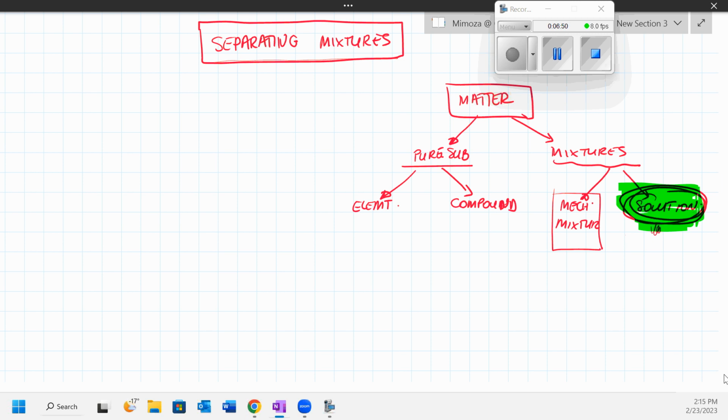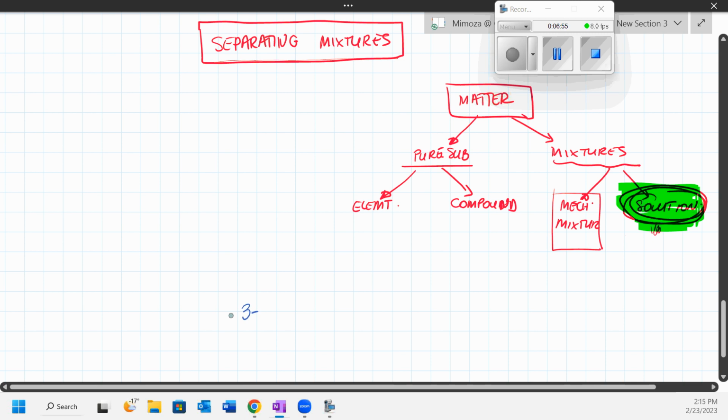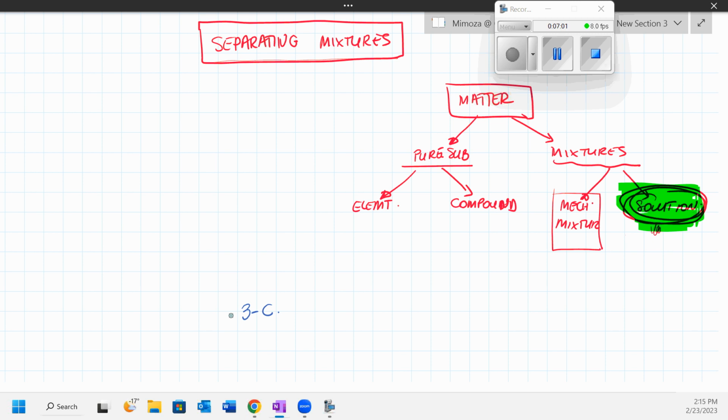In your textbook, you have investigation 3.3-C that shows you a way to clean the water. This is a very good skill to have, especially if you like the outdoors and being outside, because you never know what will happen.